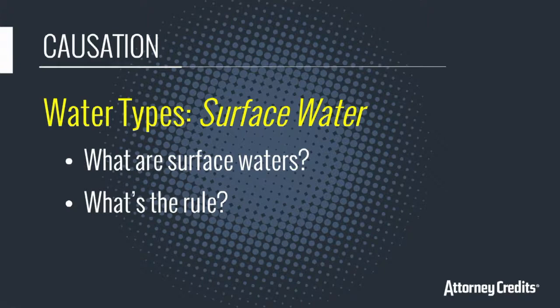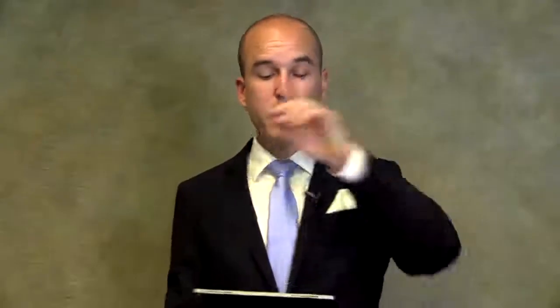The rule is this: the owner of the lower parcel, remember Archer, is expected to accept the natural drainage from the upper parcel. That's what's known in water law as the natural watercourse rule, all right? What happens, however, when the upper parcel owner changes the drainage and diverts the surface water?